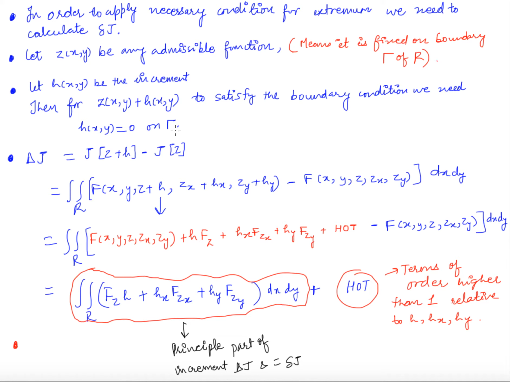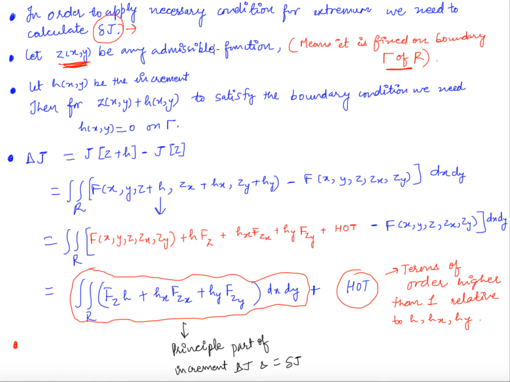Okay. So we know how to do these things now. First of all we need to compute this variation delta J. Okay, so how do you compute the variation? You will consider an admissible function. This is our admissible function. It means that it is fixed on the boundary.